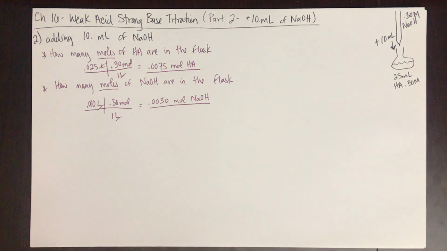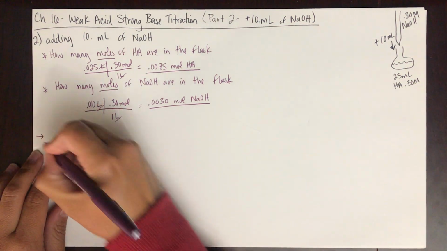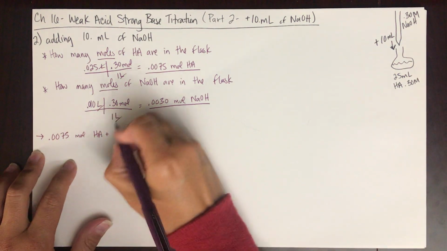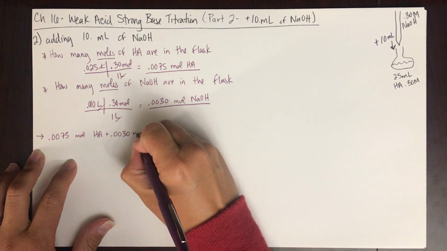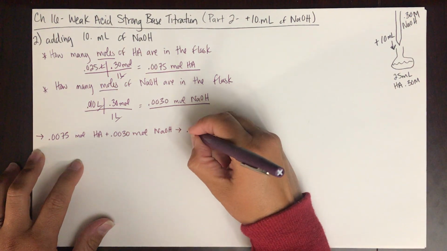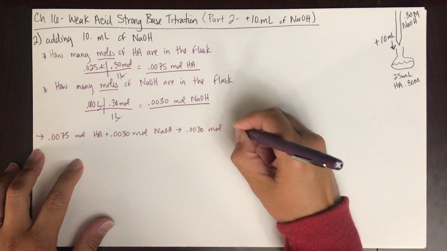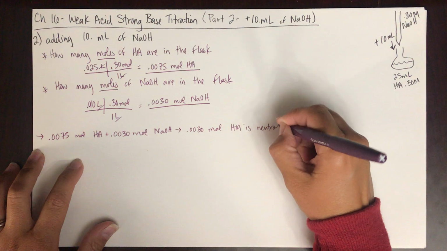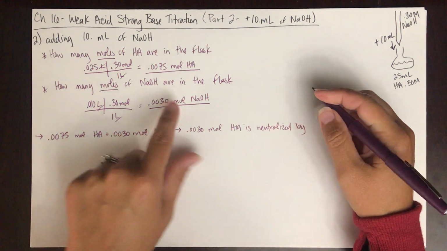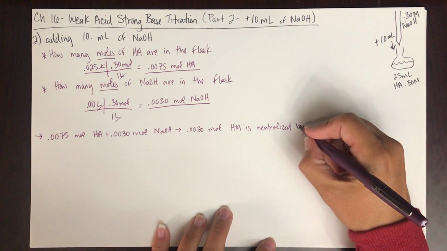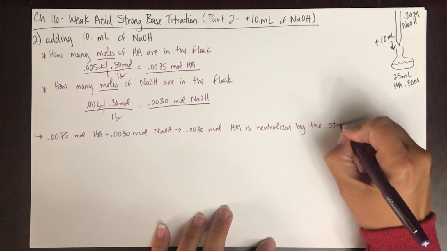So when you have 0.0075 moles of HA, weak acid, plus 0.0030 moles of sodium hydroxide, that means that 0.0030 moles of HA is neutralized by the strong base, because this much sodium hydroxide is going to neutralize that much weak acid.